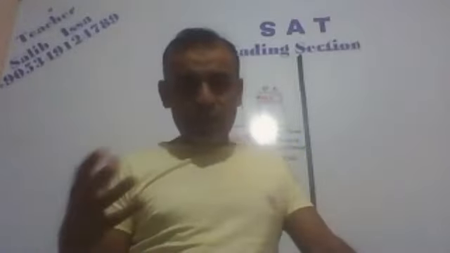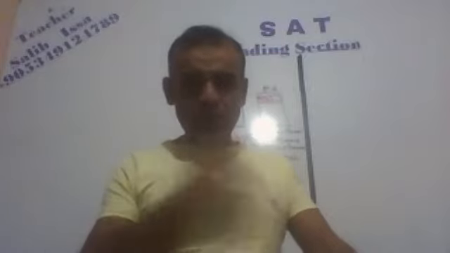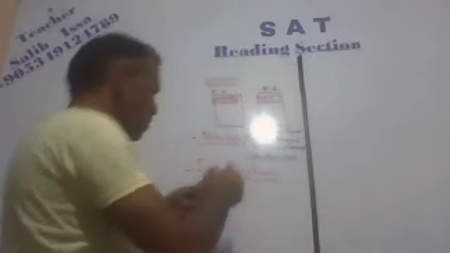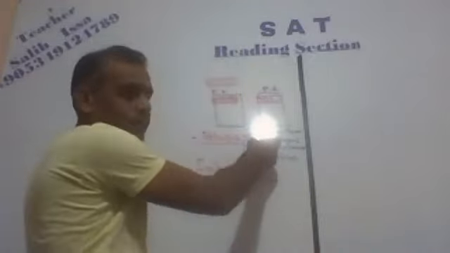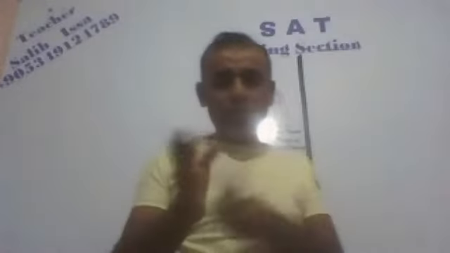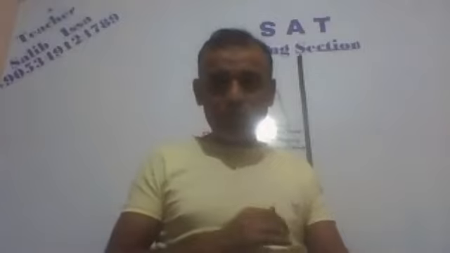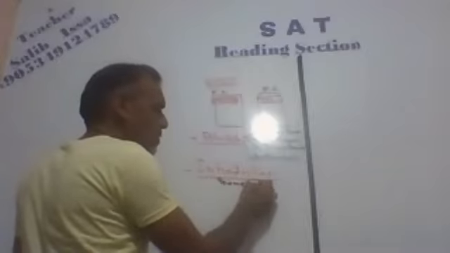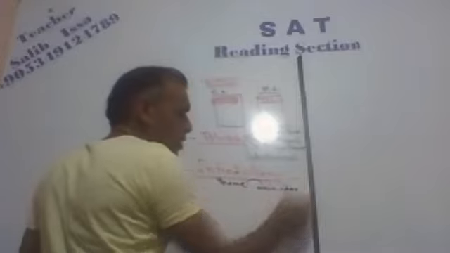In the blurb we have the theme, but in the introduction we talk about the theme in detail, or what the author will talk about, and it holds the main idea. The author will talk about it.